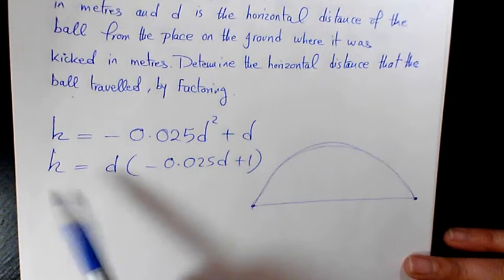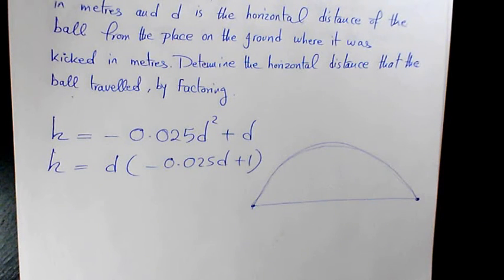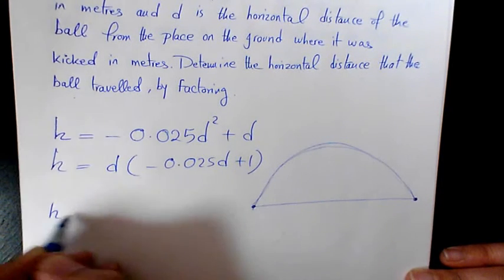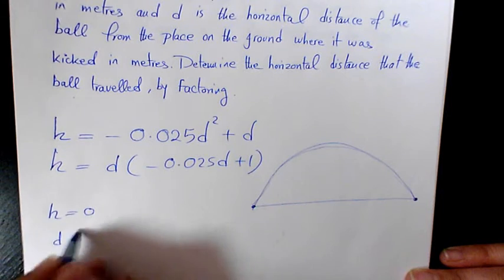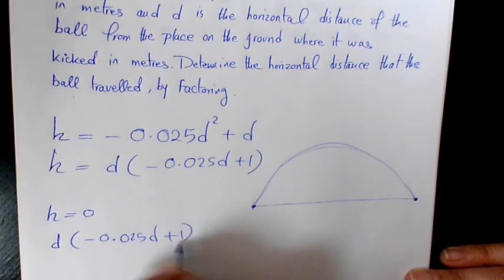At the x-intercepts, height is going to be 0 because the ball is on the ground. So we make h equal to 0. So we have d times negative 0.025d plus 1 equals 0.